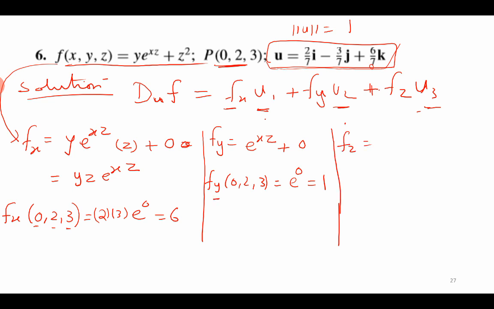We differentiate the function with respect to z. y is constant, e^(xz), and when you differentiate xz with respect to z, you will get x. Plus, when you differentiate z squared with respect to z, you get 2z.